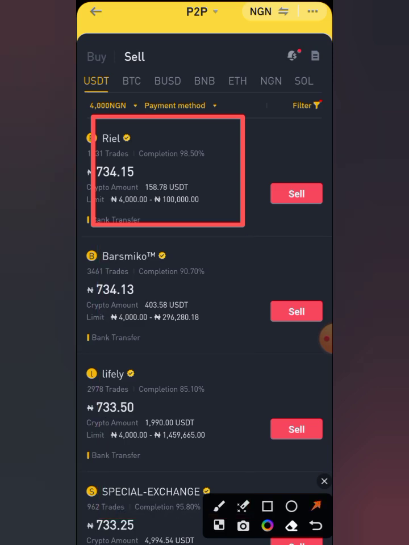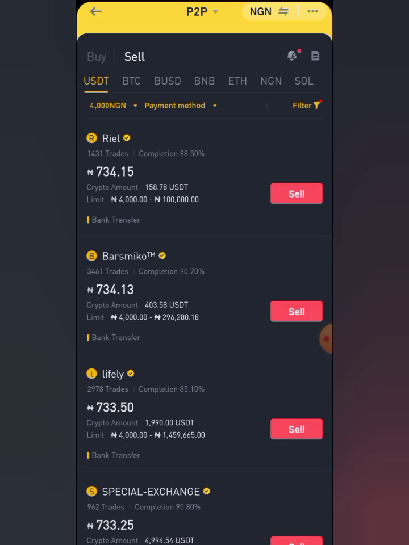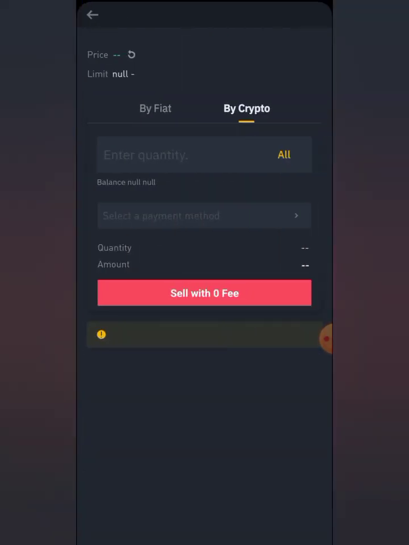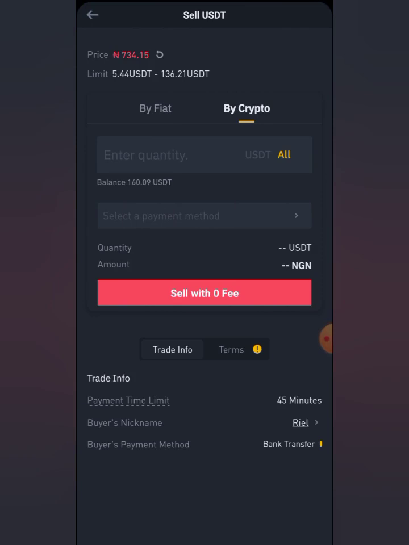So let's assume that I want to sell to this first merchant here who wants to buy from me. All I'm going to do is click on his name, and it's going to take me to where I will put the total number of USDT or the currency equivalent that I want to sell.